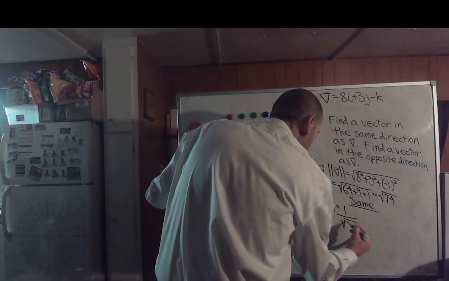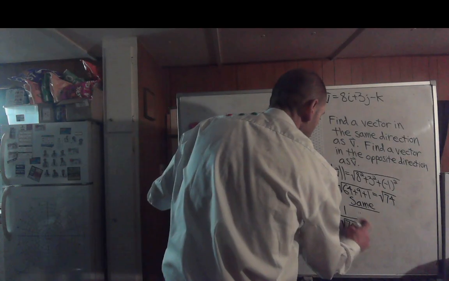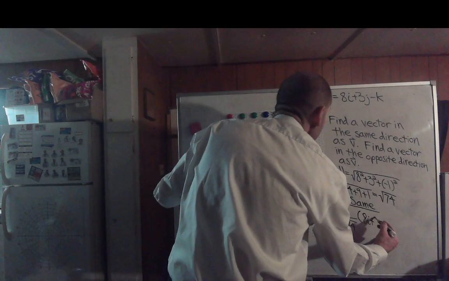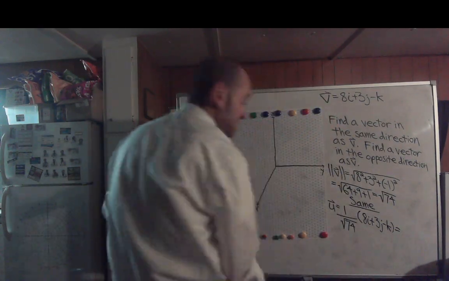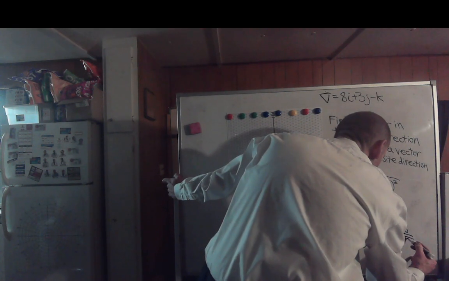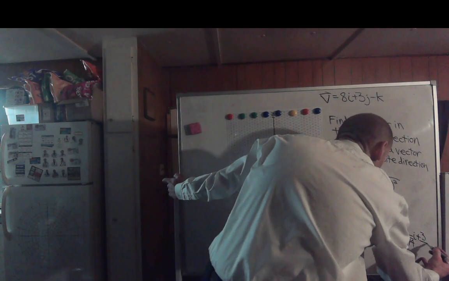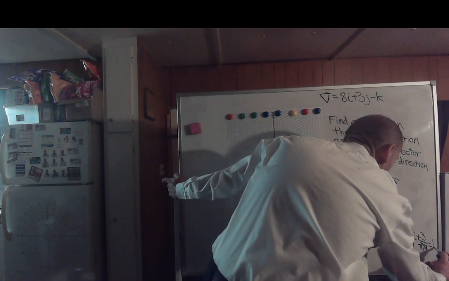So 1 divided by my magnitude times my vector v, which would be that 8i plus 3j minus k, and that would end up giving me 8 over the square root of 74 i plus 3 over the square root of 74 j minus 1 over the square root of 74 k.